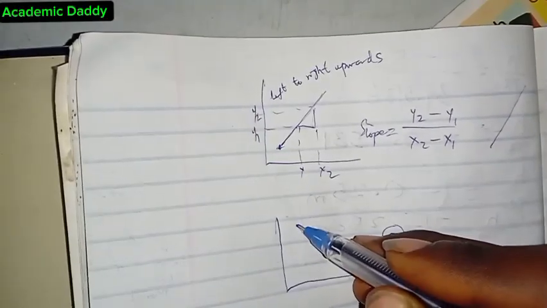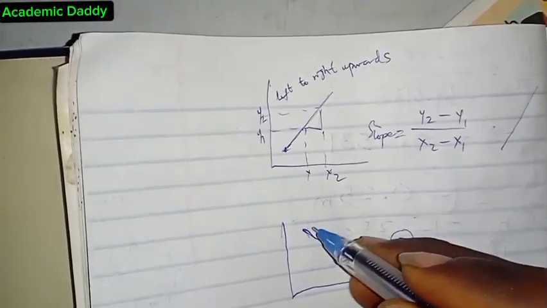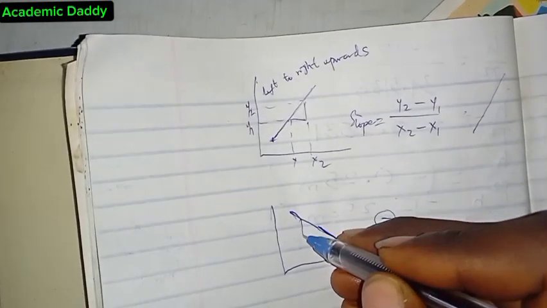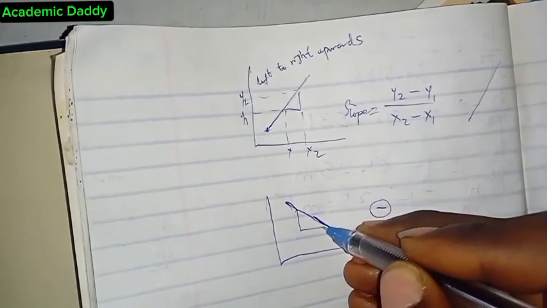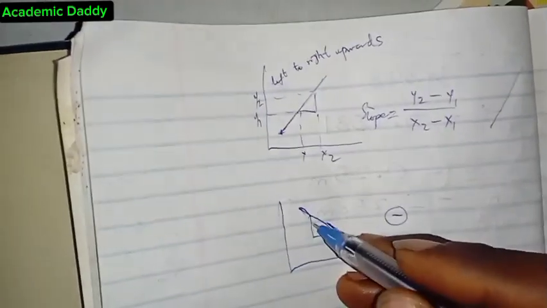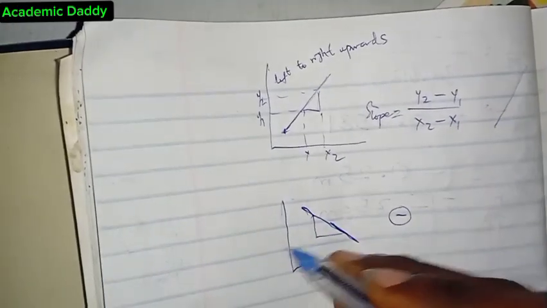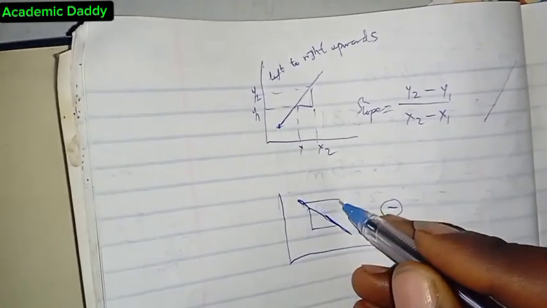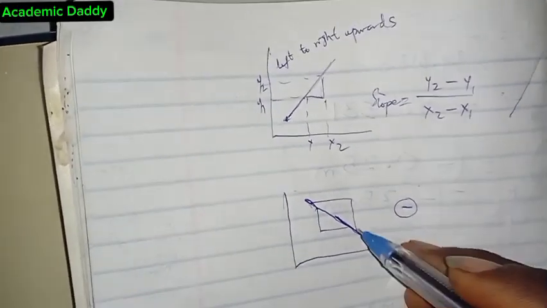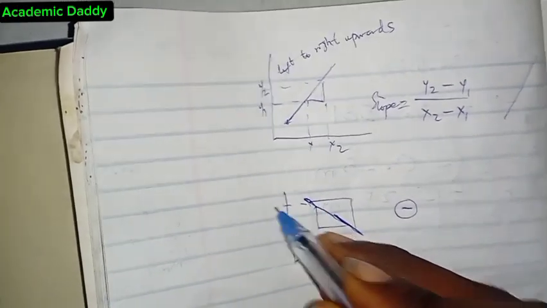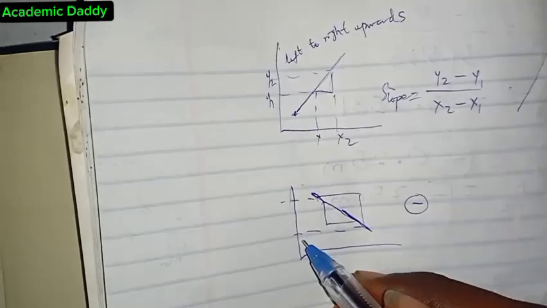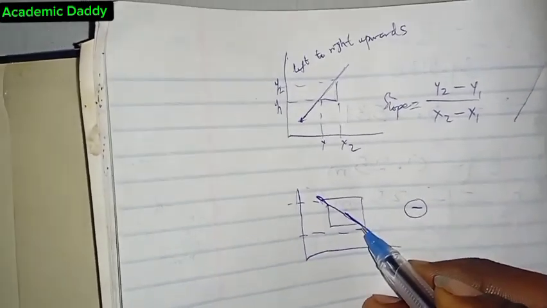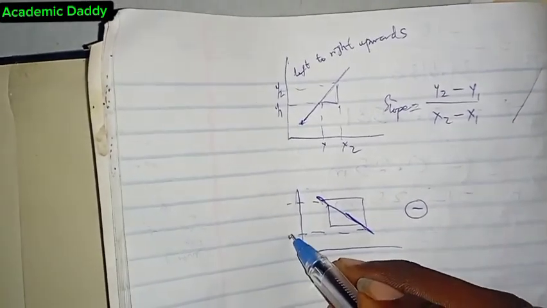So notice that this is my slope now. So I have this way. Even it's going to be hard for me locating this on this quadrant, so it's best I put it this way. So you can now see that this is looking like the Y2 part.